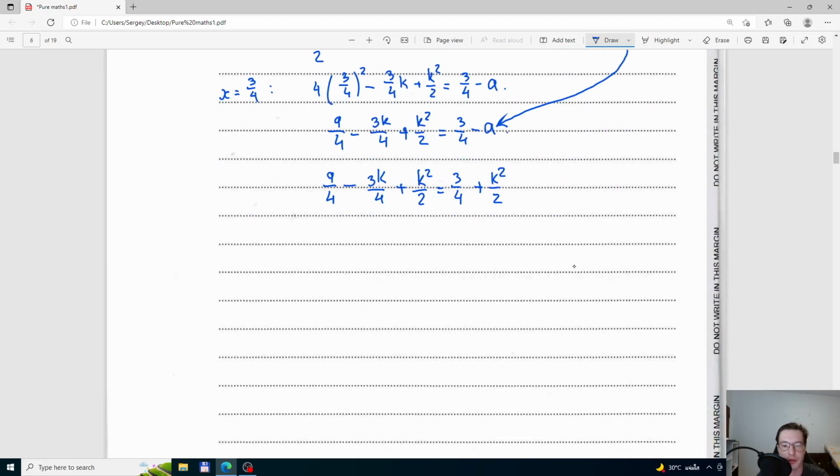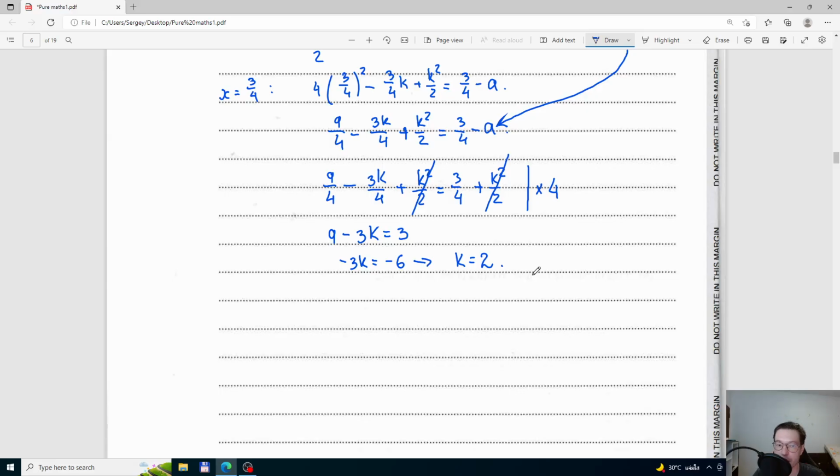Okay, I got lucky here, and k squared over 2 on the left will cancel out with the k squared over 2 on the right side. And we have a common denominator of 4. So that means I can multiply both sides by 4 to get rid of the fractions, and I'll get 9 minus 3k equals 3, so I can solve this for k. Minus 3k equals minus 6, and finally k equals 2.